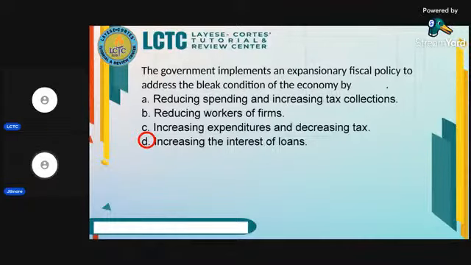During the expansionary fiscal policy, the economic condition is that demand is weak and the unemployment rate is high. That's why the government needs to implement expansionary fiscal policy. But if there is a need for a government to implement a contractionary fiscal policy, the economic condition is that demand is excessive and the inflation rate is high.